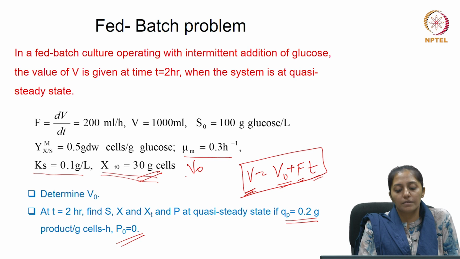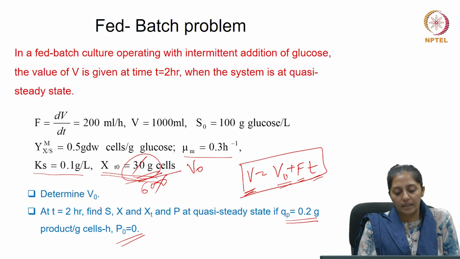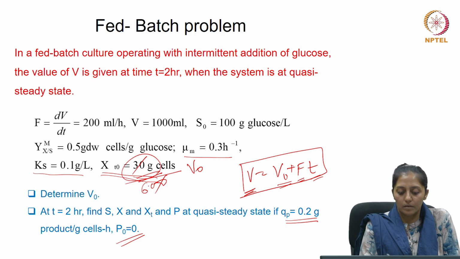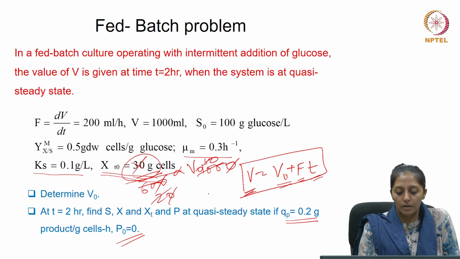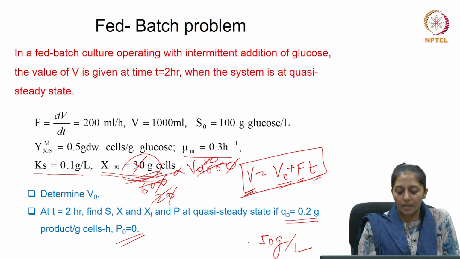So, the biomass concentration can be directly obtained as the amount of cells divided by the volume. If you do this, how much will it be? Let us see. 50 multiplied by 1000. So, this turns out to be 50 grams per liter is X.